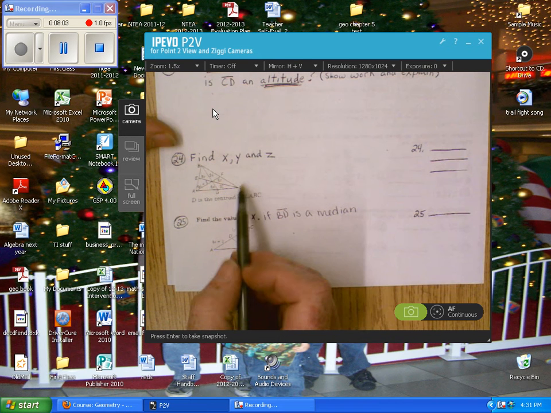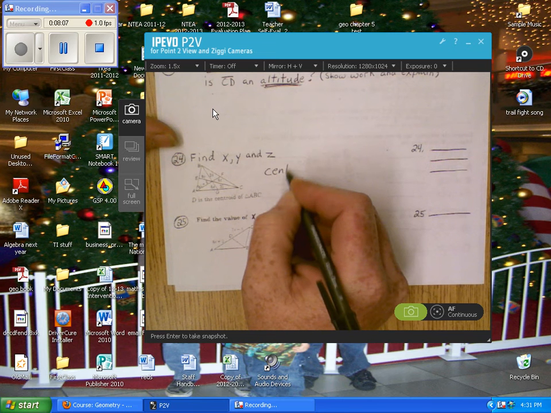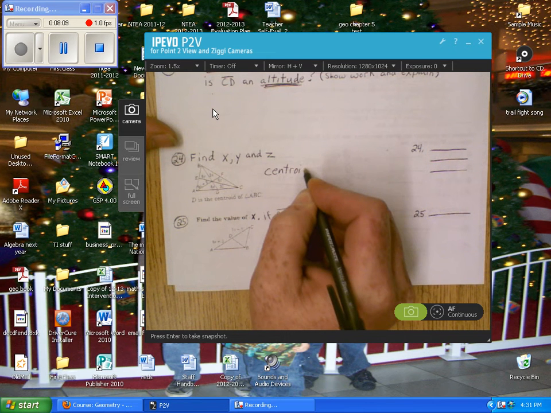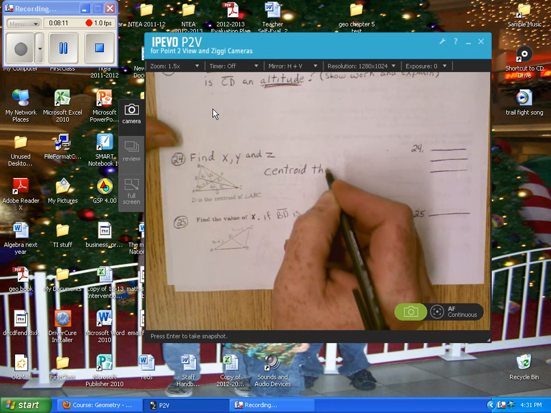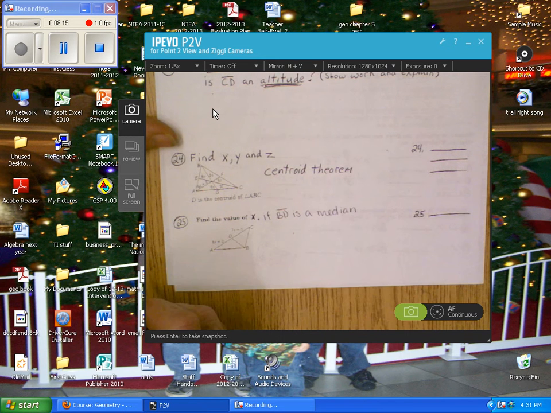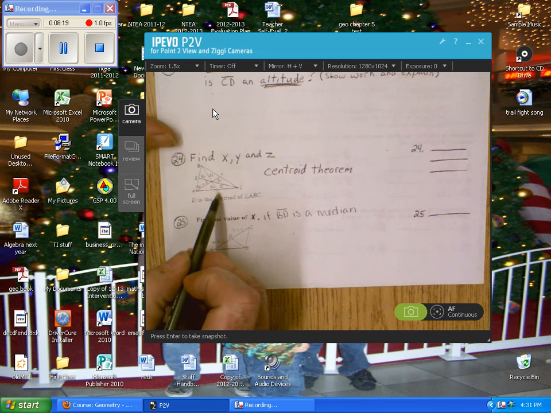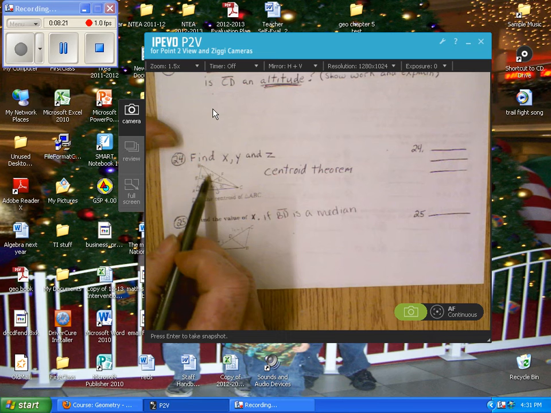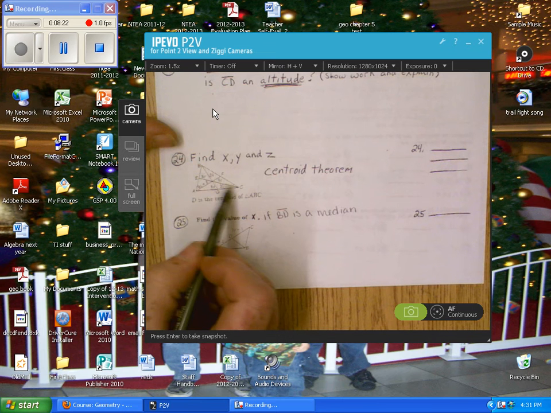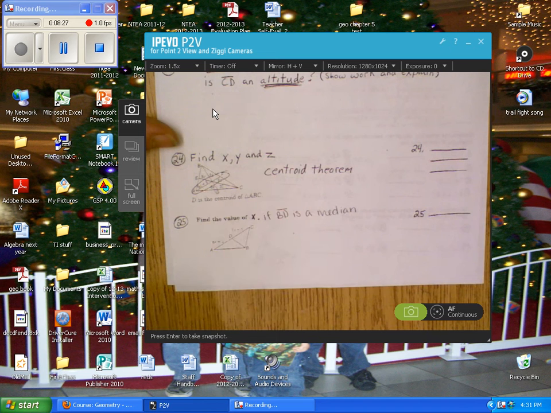Problem 24, you're again going to use the centroid theorem. Be careful when you're setting up. X isn't too bad, Y is not too bad, but when you use the Z, you have to be careful.